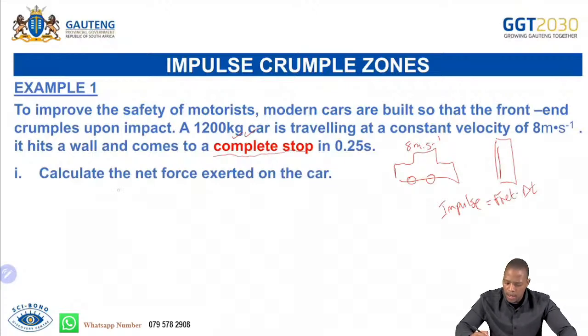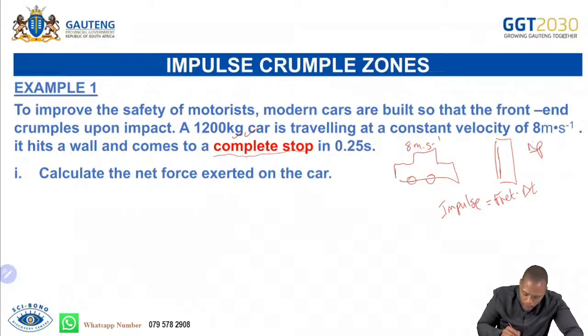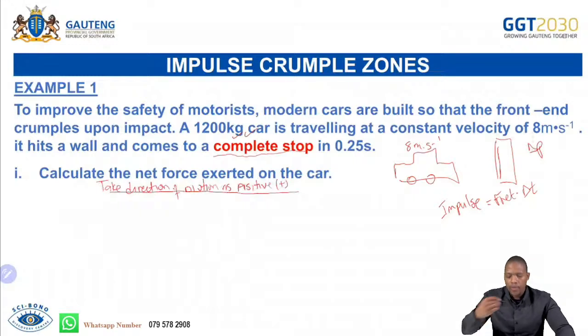So since I'm going to be using the change in momentum, then I must take direction. Okay? So I'm going to say take direction of motion as positive. Wherever the car is going, it's going to be positive, and wherever the opposite of that is must be negative. So the direction of motion will be taken as positive.